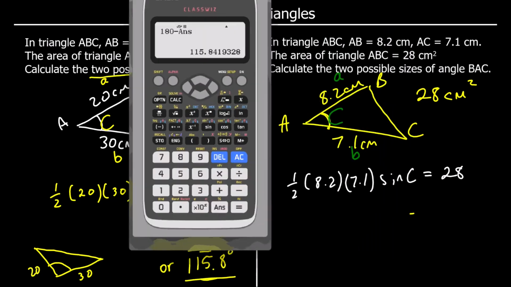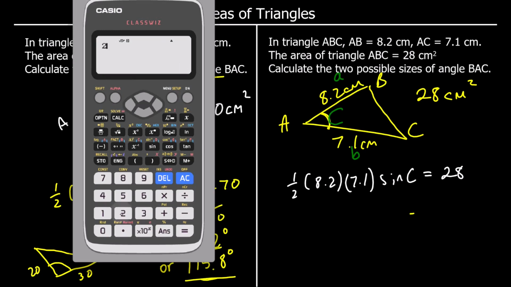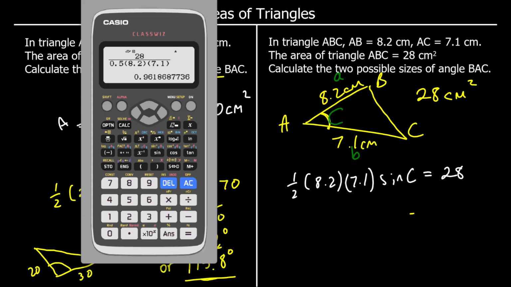So if we do 28 divided by half of 8.2 times 7.1, we get 0.96 and so on. So sine C is 0.96.